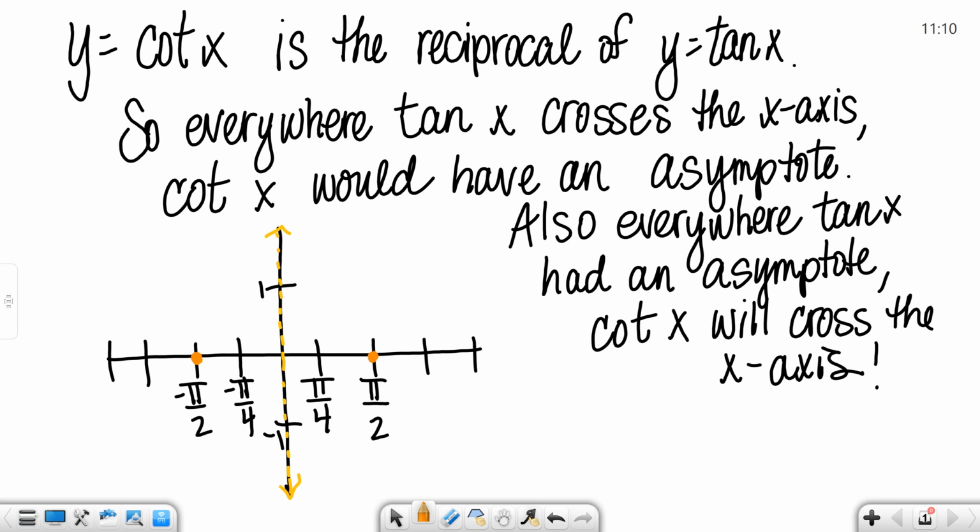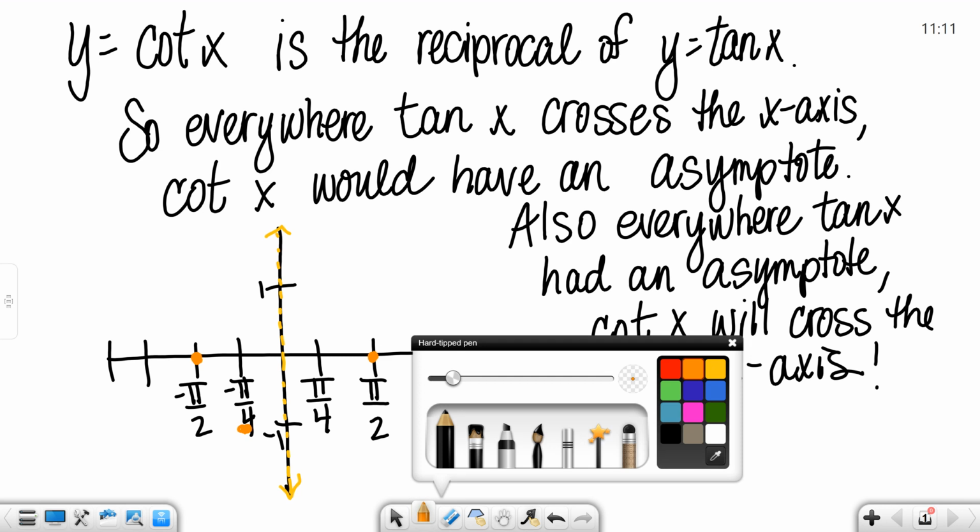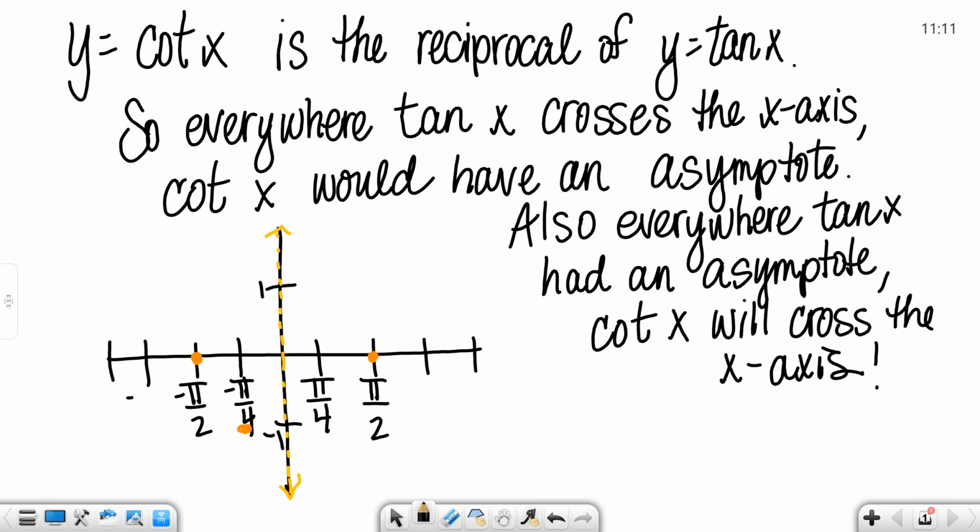So let's think about it like this. At -pi over 4, our tangent was +1. Cotangent will be the reciprocal of that. I'm sorry, it was -1. It will be the reciprocal of that, so it will be -1. Cotangent at, I need to go figure out what this one is to my left to finish this off.